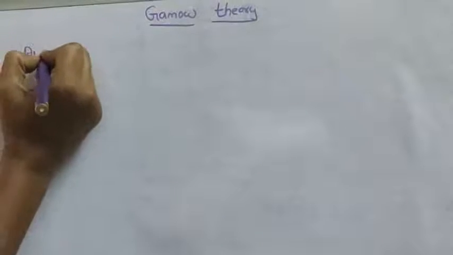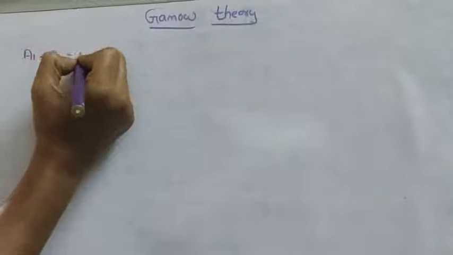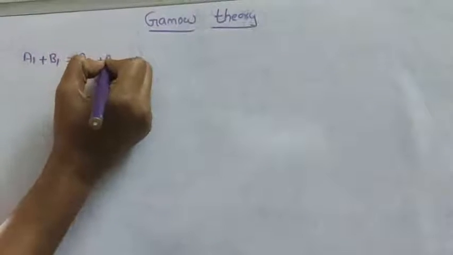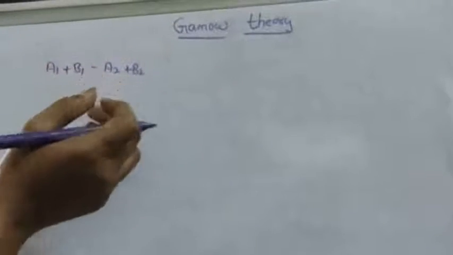Now that we know the boundary conditions, we are going to apply them to u1, u2 and u3, that is, the solutions of region 1, region 2 and region 3. Finally we get A1 + B1 = A2 + B2. That means by using the conditions we are going to find the values of these constants.